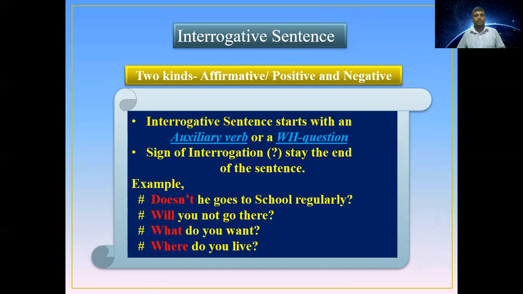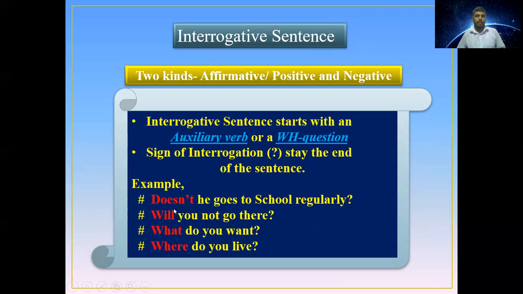Next sentence is interrogative sentence. There are two kinds, affirmative or positive and negative. An interrogative sentence starts with an auxiliary verb or a WH question word. The sign of interrogation stays at the end of the sentence.